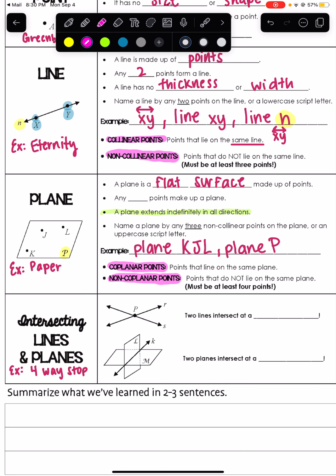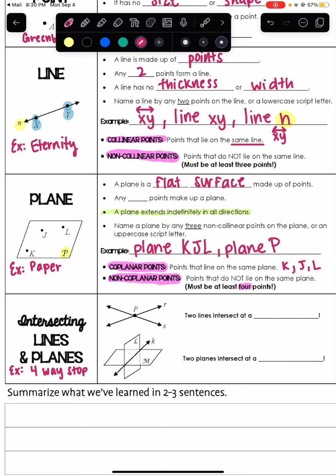So that would be like K, J, and L. So I'm going to write that right here. K, J, L. And then non-coplanar points are points that do not lie on the same plane, and that must be at least 4 points.